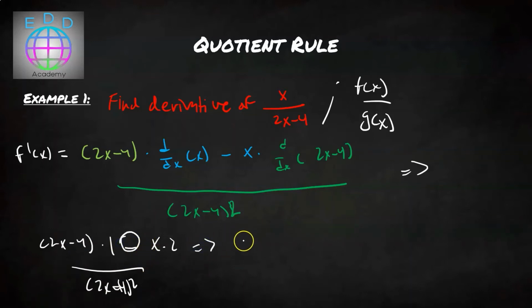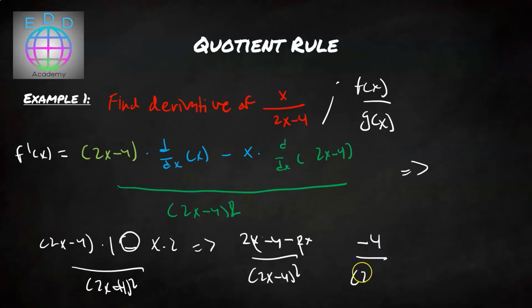Instead, you can simplify this to 2x minus 4 minus 2x all over 2x minus 4 squared, and these two cancel, so we get negative 4 over 2x minus 4 squared is our derivative.